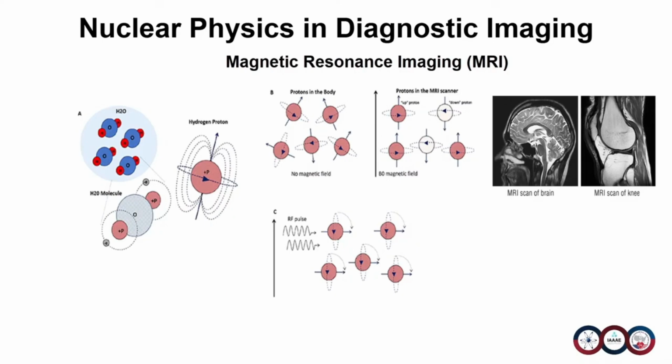Then you give a small pulse of radio frequency to disrupt the normal balance, and it has to rebalance itself. It then emits radiation again, and this radiation, which is still in the radio frequency range, is harnessed and used in medicine to reconstruct the image because it contains information about the function of the tissue that you are imaging.